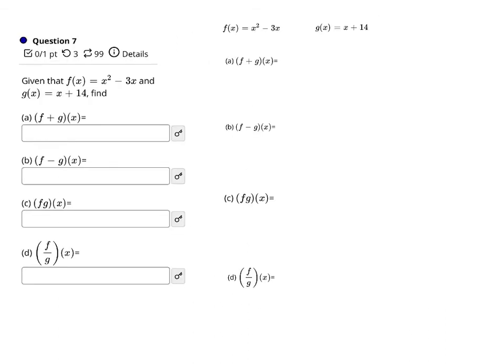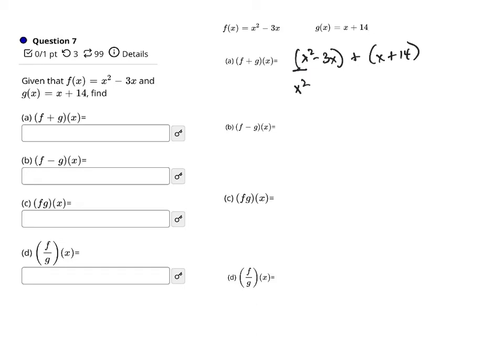We are finding the functions. We're adding, subtracting, multiplying, and dividing our functions. First one, f plus g. So we're going to add x squared minus 3x, that's our f of x, plus our g of x, which is x plus 14. It's a plus, so it doesn't change anything. We're going to start with x squared.